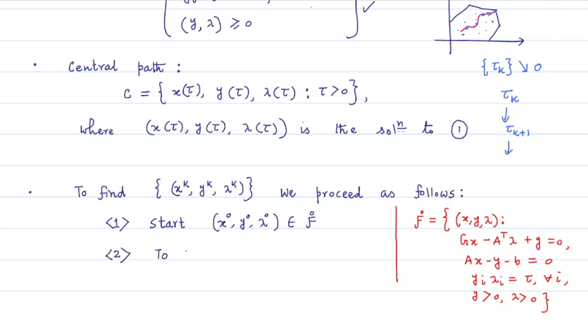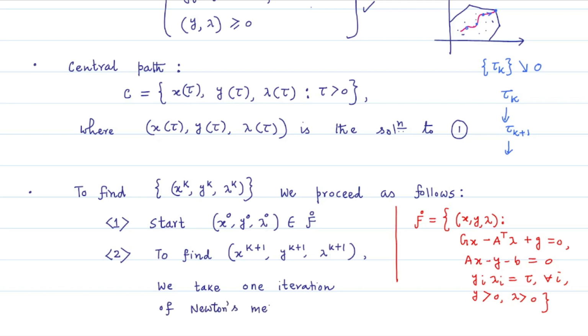Start with a point x naught, y naught, lambda naught from F naught. Then to find the next iterative point, let's suppose xk plus 1, yk plus 1, lambda k plus 1, we take one iteration of the Newton scheme for the approximate KKT conditions 1 with tau equal to tau k.